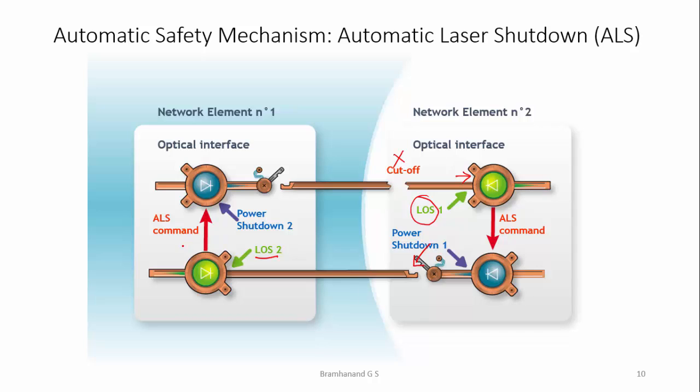So eventually an automatic laser shutdown command moves from the receiver of network element 1 to the transmitter of network element 1, which will also close its laser such that it will not emit any light to its transmission link, so that if an operator is working on this particular link, there would not be any risk if he observes the laser directly with his eyes.